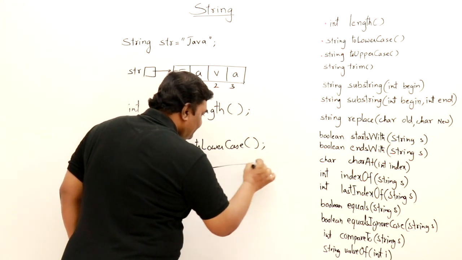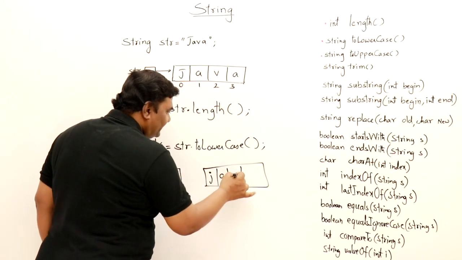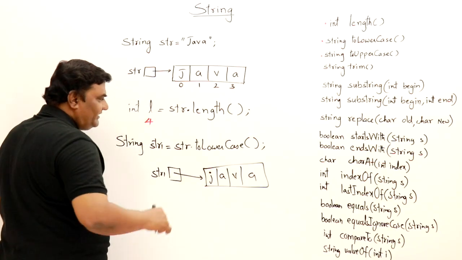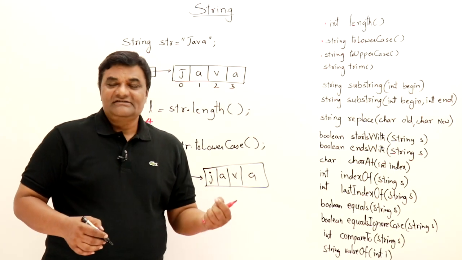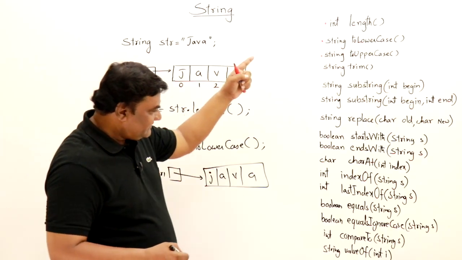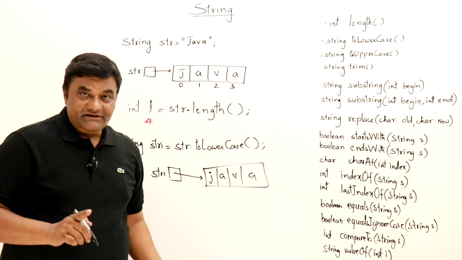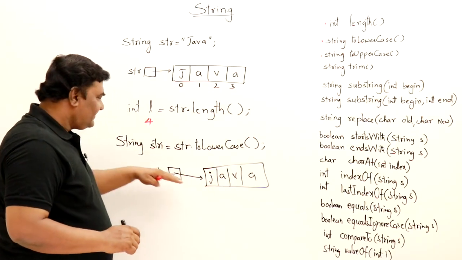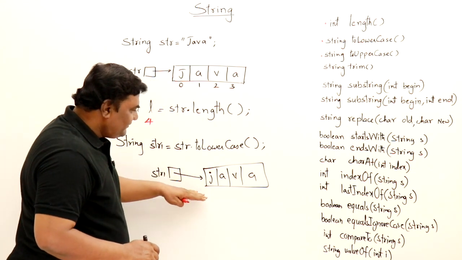So a new object, java, is created, and str1 can be pointing there. When any method makes changes in a string, it will not modify the same thing; it will give you a new string. So we got a new string. The original exists already, and it has created a new one.